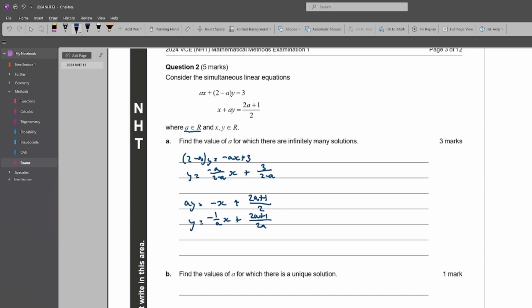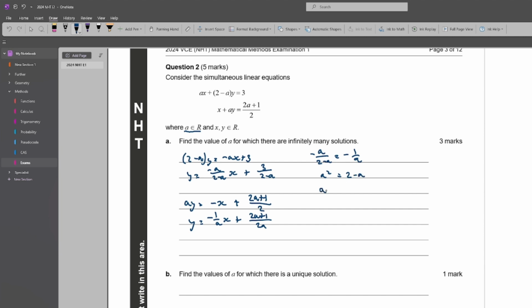Okay, we want infinitely many solutions, which means we need the gradients to be the same, and also the y-intercepts to be the same. So let's start by equating the gradients. Negative a on 2 minus a has to be equal to negative 1 on a. The negatives will cancel. Let's cross multiply the a's, so we get a squared, and cross multiply the 2 minus a times 1, 2 minus a.